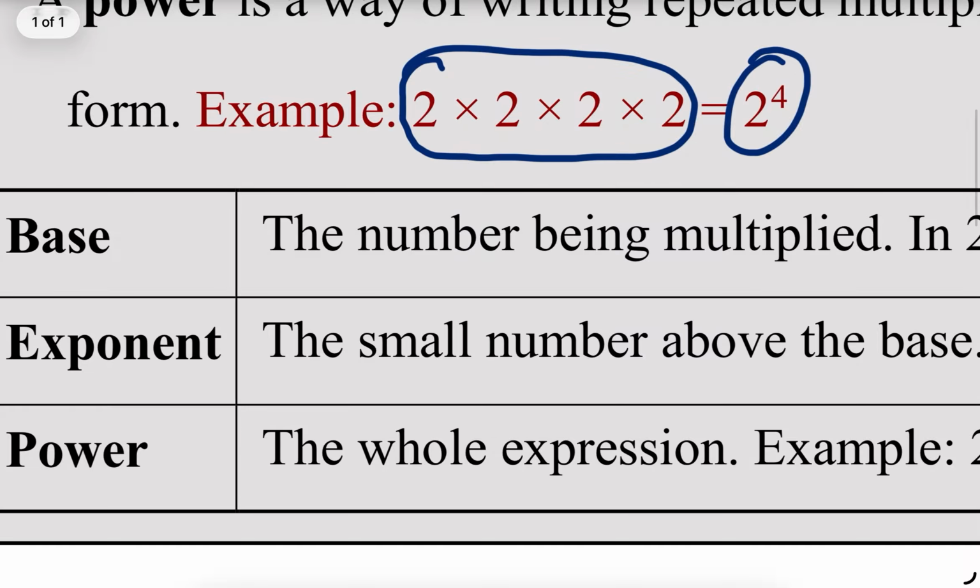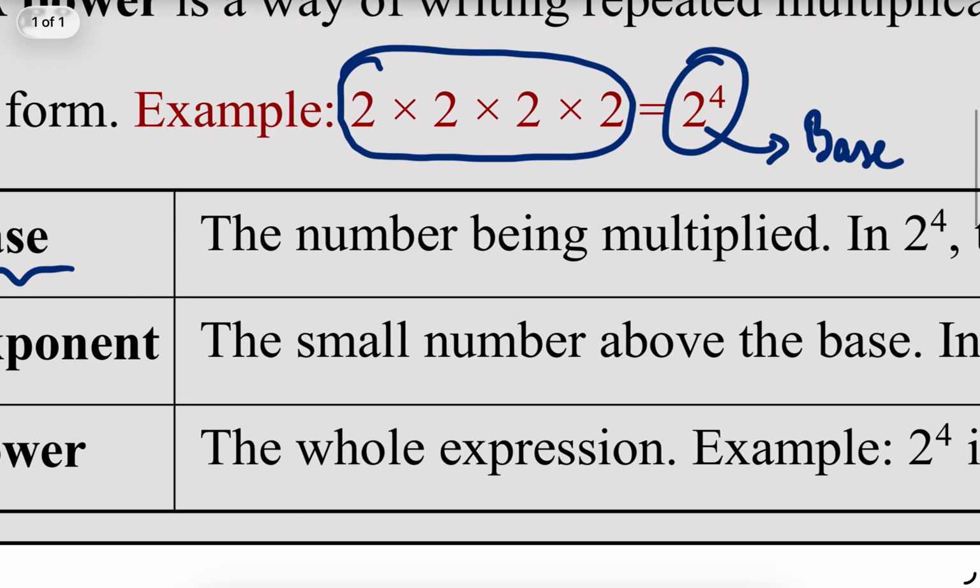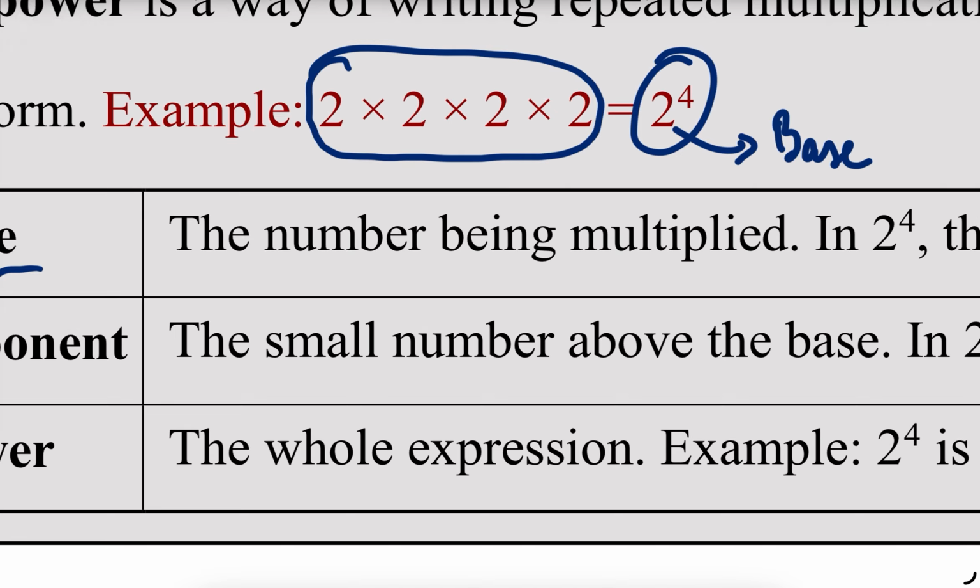The number being multiplied in 2 to the power 4, we call the base. So what is the base here? 2 is the base. And the 4, the small number above the base, is known as the exponent. Okay, so this is the exponent.